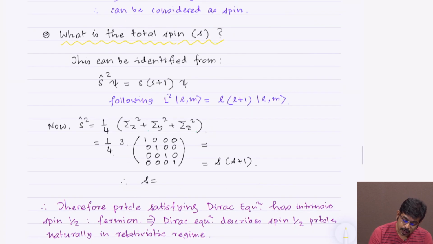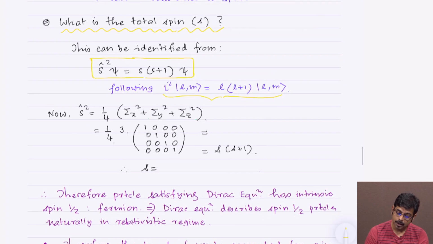One relation that we all know from quantum mechanics is that S squared psi, where psi satisfies the Dirac equation, will give you the eigenvalue s into s plus 1 of psi. This follows from L squared acting on |l m>, which gives you l into l plus 1 times |l m>, where these are the eigenstates.